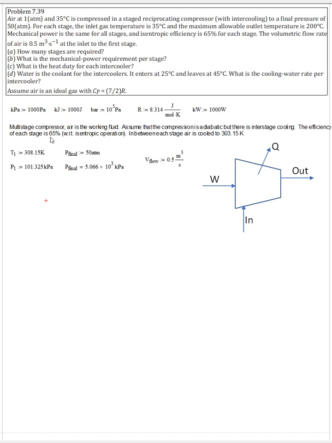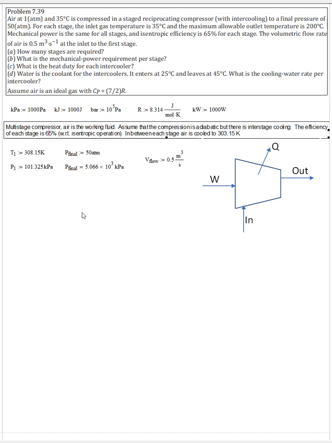Just to reiterate, we have a multi-stage compressor. Our working fluid is air. We assume that the compression is adiabatic, but there's interstage cooling. What that means is we are assuming that the compression is separate from the cooling. So the compression is adiabatic in the little piston cylinder part of the device, and then the air flows out as it's compressed.